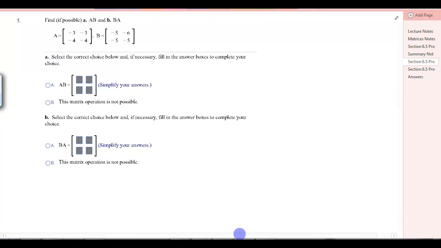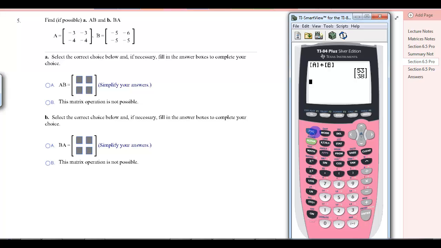So let's put these in the calculator. Second matrix, and we're going to go over to edit. And for A, I'm going to edit it, and I'm going to have a 2 by 2. Enter. And then I'm going to have a negative 3, negative 3, negative 4, negative 4.